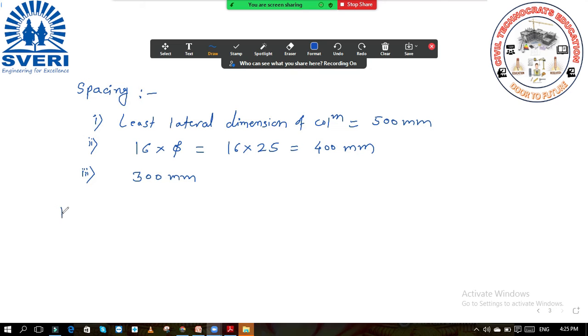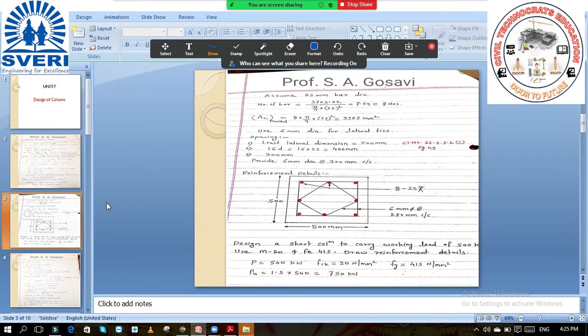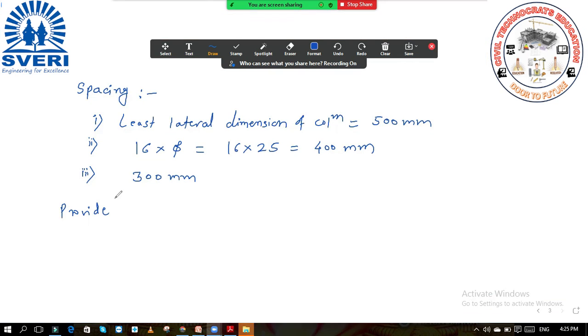So provide 6 mm diameter ties at about 300 mm center to center. 6 mm diameter ties at about 300 mm center to center.